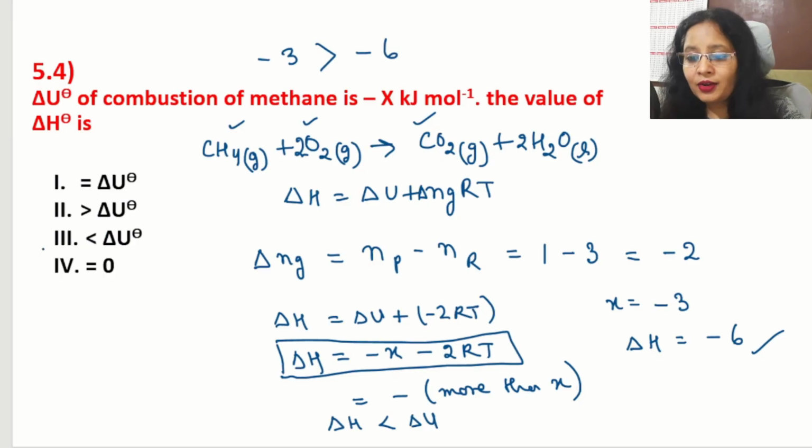And that is our option number 3. How did we do this? Minus value plus some minus value will create a bigger value, and a bigger value with a negative sign is itself a smaller value than the existing value. So that's why delta H is smaller than delta U in this case.